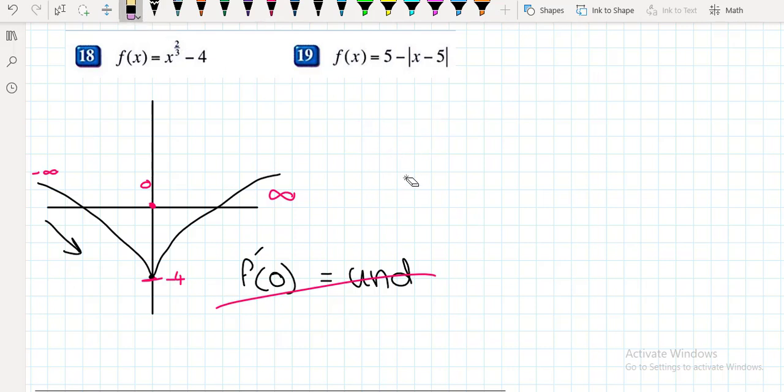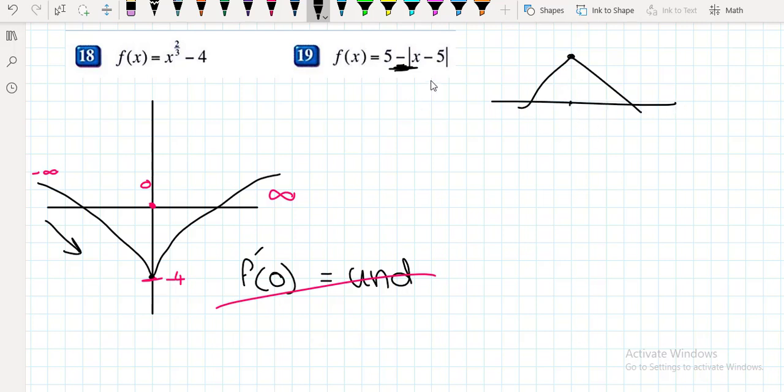Same thing for absolute value. It has a V shape, and there's a negative right in front of the absolute value. The V shape is upside down. We can find this point by finding the x value that makes inside the absolute 0. What makes inside this absolute 0? X equal to 5.